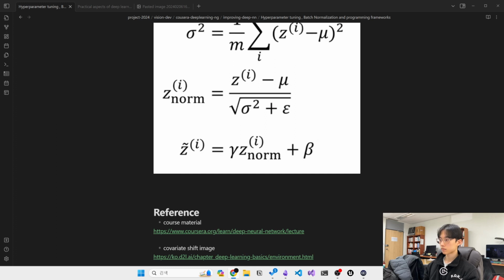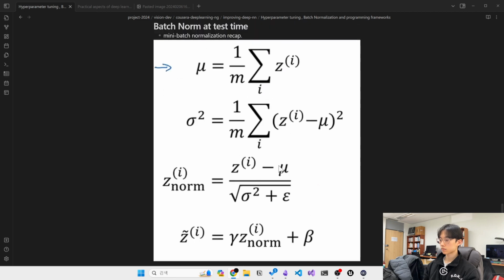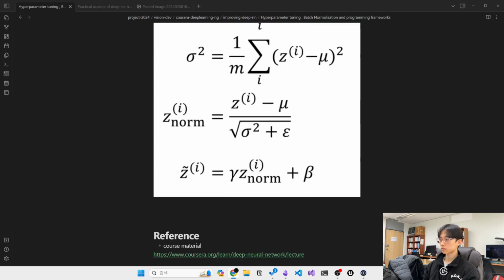So what's actually done in order to apply your neural network at test time is to come up with some separate estimate of mu and sigma squared.